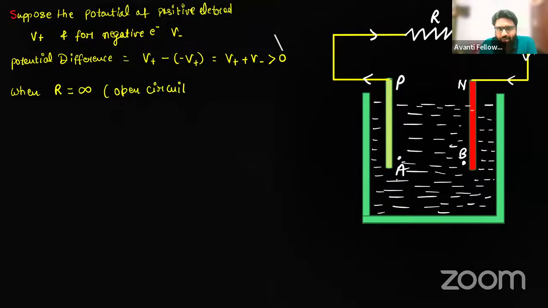And this is also termed as open circuit. So open circuit में क्या होगा? We just remove this R. Now there is no current flowing. So in this case, what is the potential difference between VP and VN?